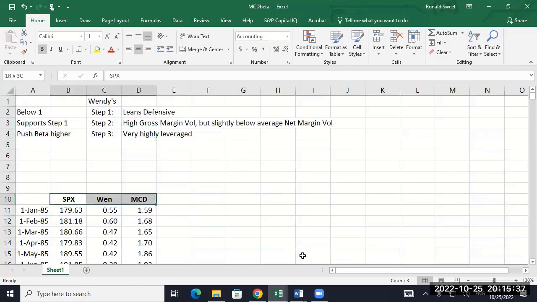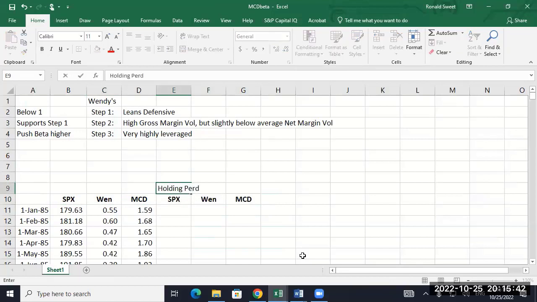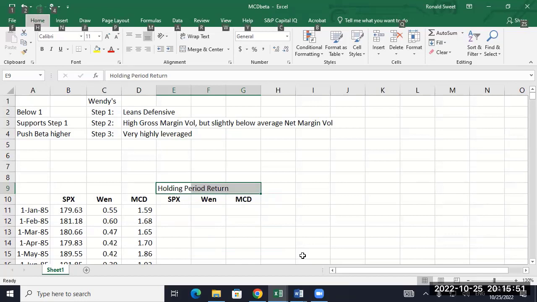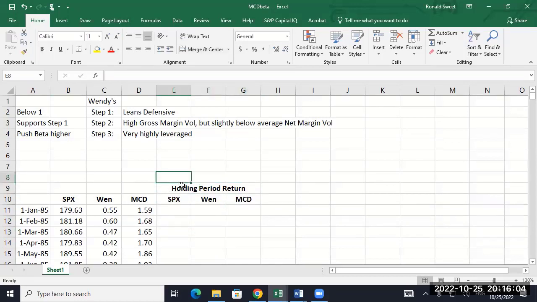So the first thing we need is a holding period return, just like you calculated in 3013. All right, there we go. So what's the holding period return? It's ending market value divided by beginning market value minus 1.